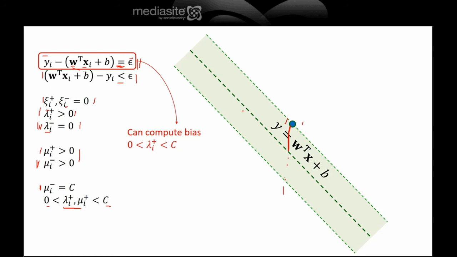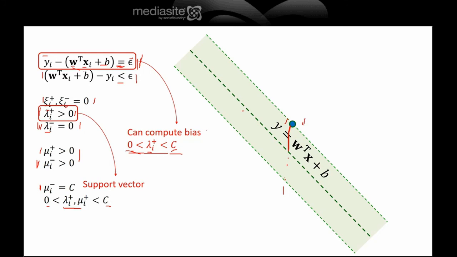Actually, we need not compute w, as we'll see when we do the dual later on. But since these are all known, I can compute the bias using this expression. So the bias can be computed for points where lambda I plus is strictly between 0 and C. It's neither equal to 0 nor equal to C. And these are also support vectors, because lambda I plus is greater than 0.